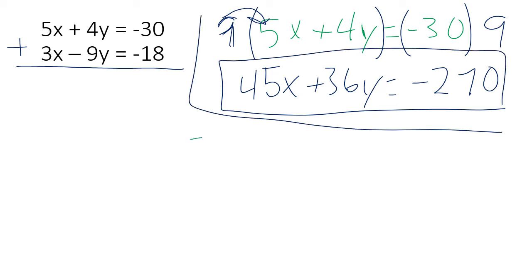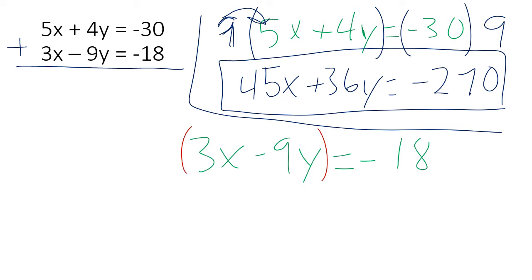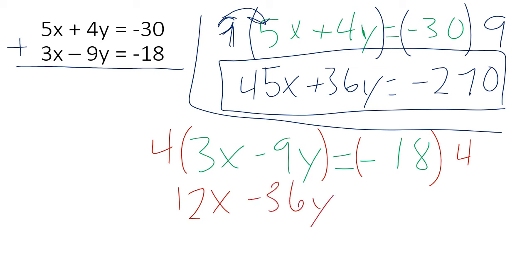So here I have 3x minus 9y is equal to negative 18. Okay, so again, I want to multiply this by something that's going to make my y negative 36, and that's going to be positive 4 here. I got to multiply this side by positive 4. So I have 4 times 3 is going to be 12x, minus 4 times 9 is 36y, and then I got to multiply 4 by negative 18.